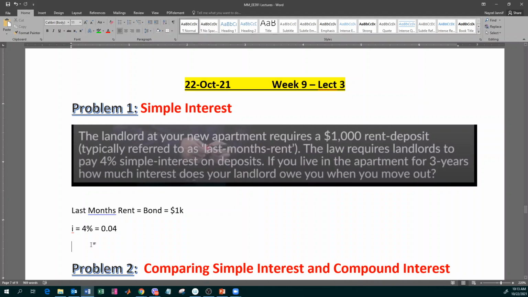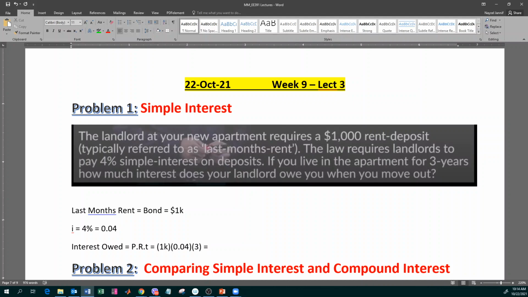So interest owed will equal principal times rate times time. Oh, this is such a simple question. 1K times rate of 0.04 times time of how many years, guys? 3 years.